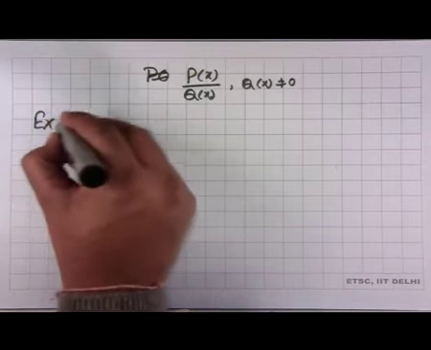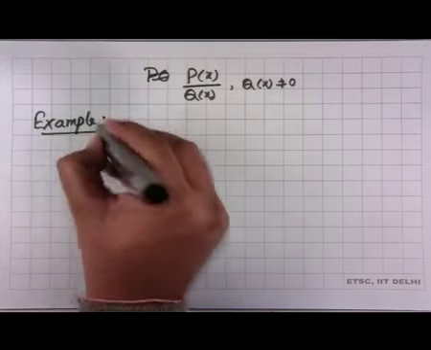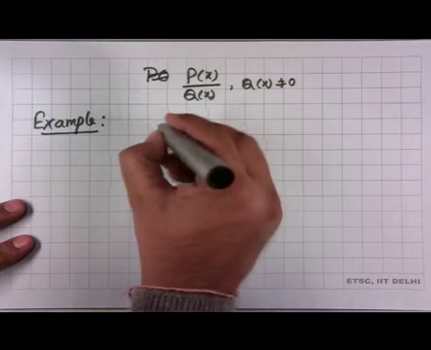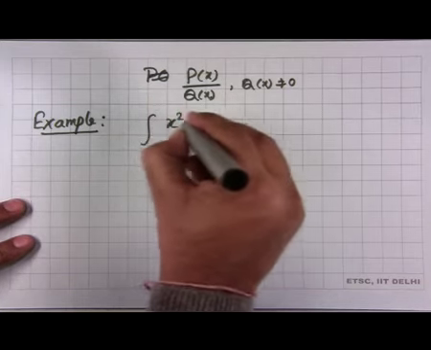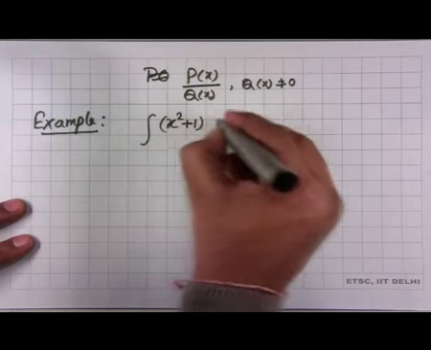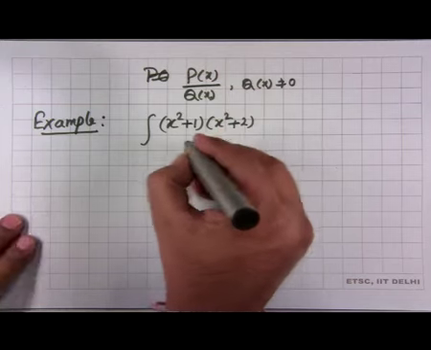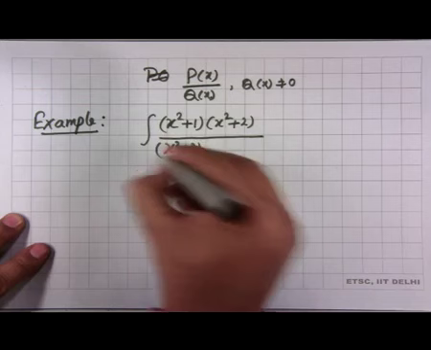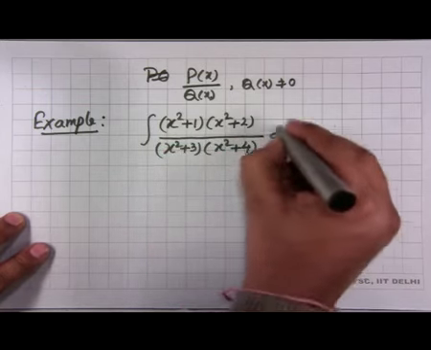So, let us look at one example, which will help you to understand the problem. The example is the integral of x square plus 1, x square plus 2, over x square plus 3, x square plus 4 dx.